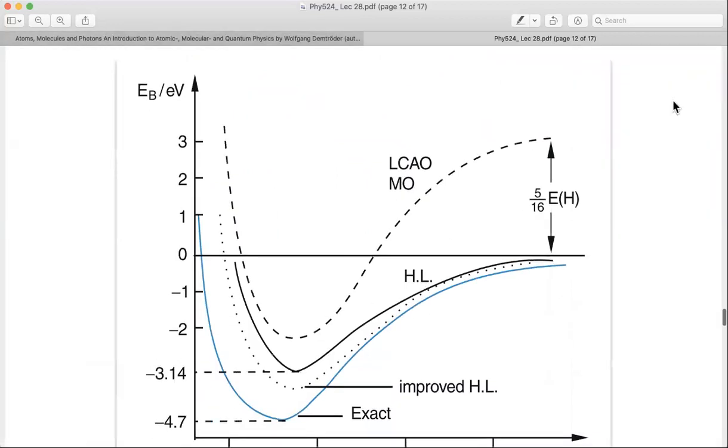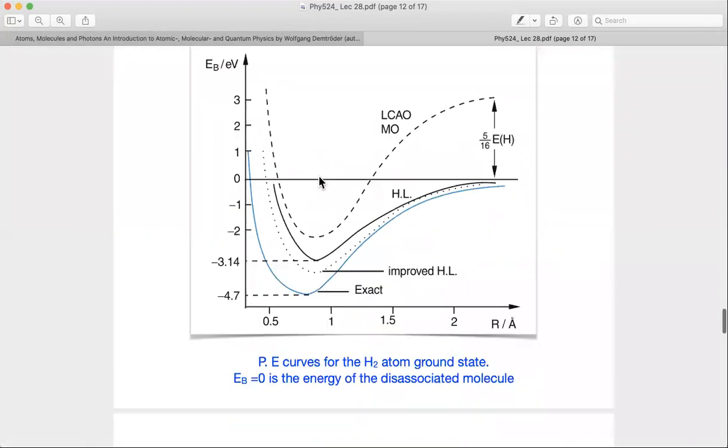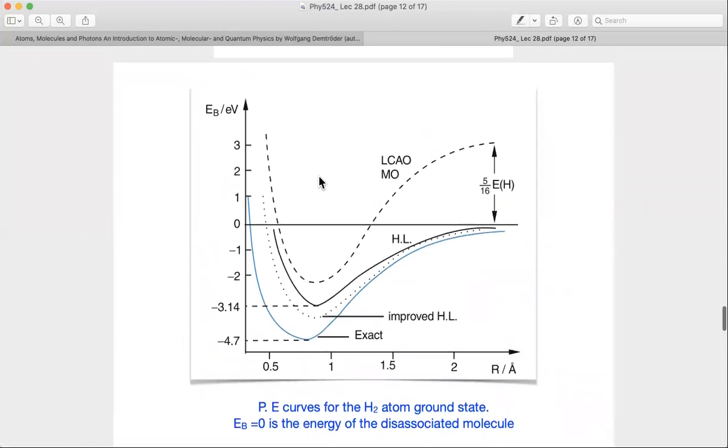Okay. So here's a slide which shows you, for the hydrogen molecule problem, different approximations. The first one, dashed black line, is the linear combination of atomic orbitals, or the molecular orbital picture.